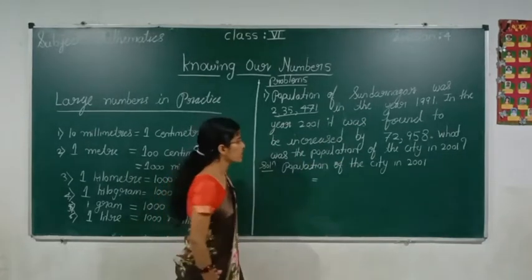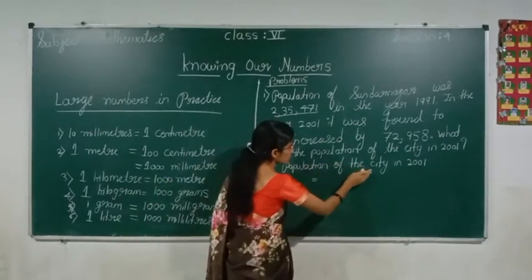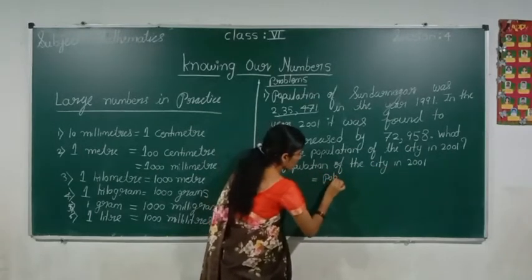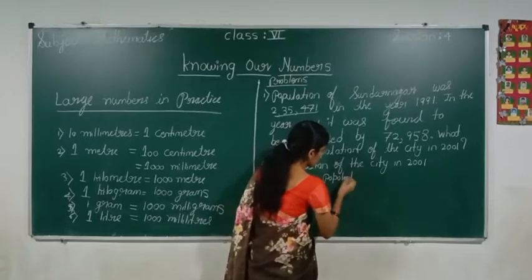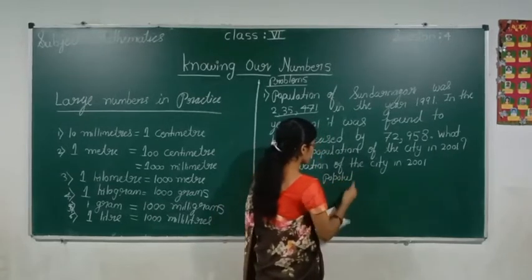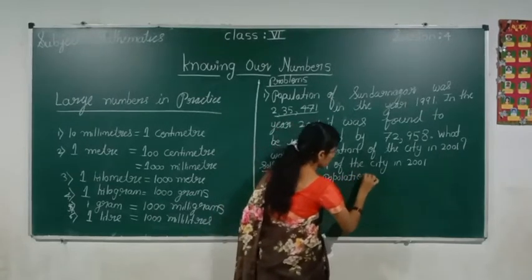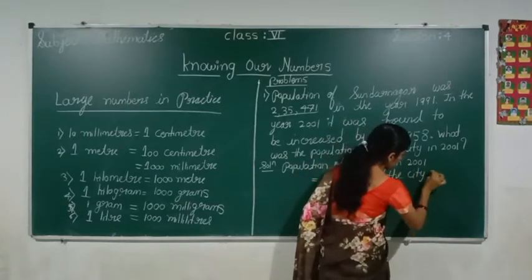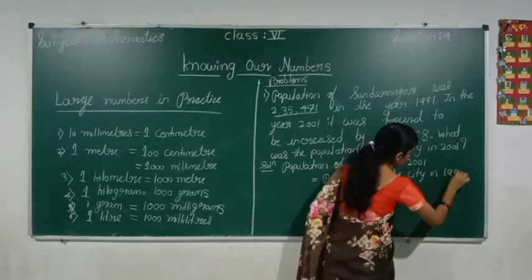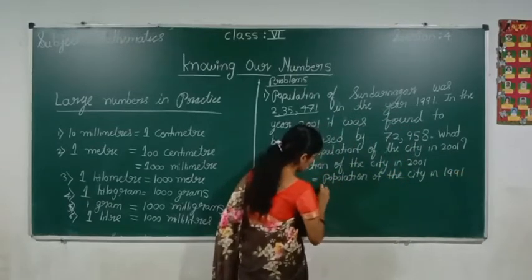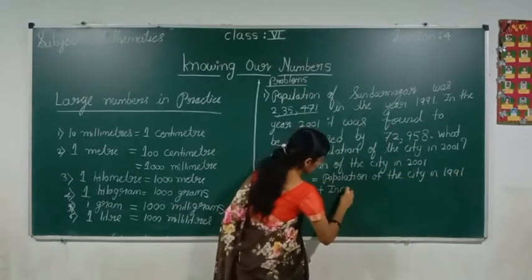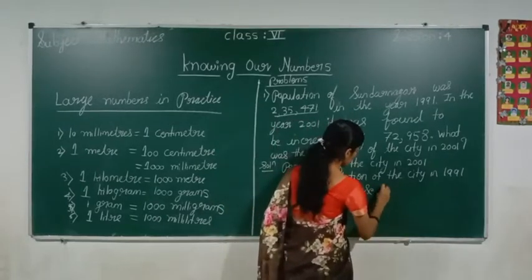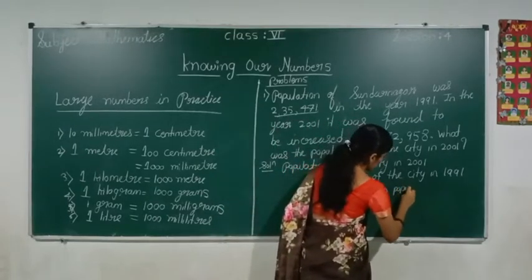Now see here, population of the city in 2001 is equal to population of the city in 1991 plus increase in population.